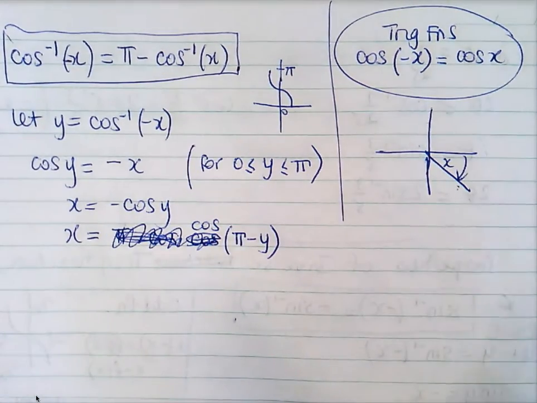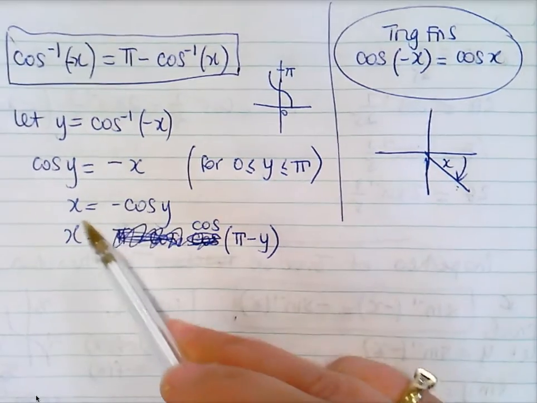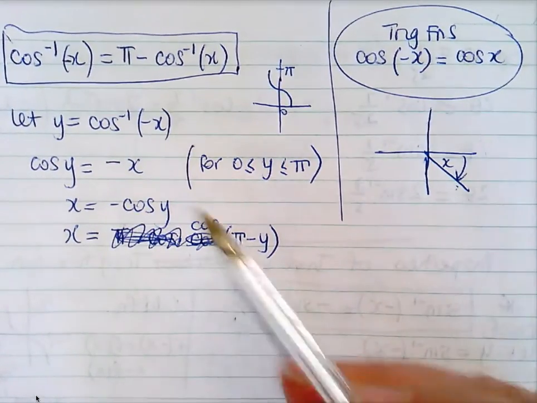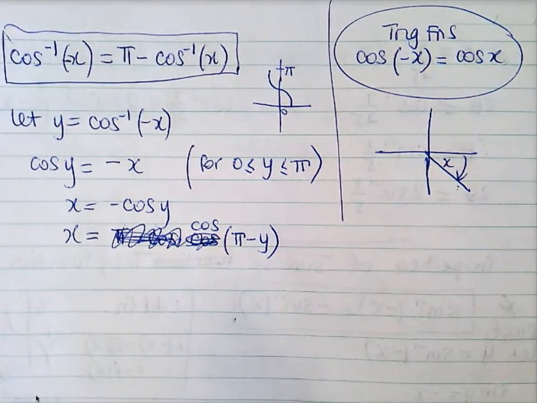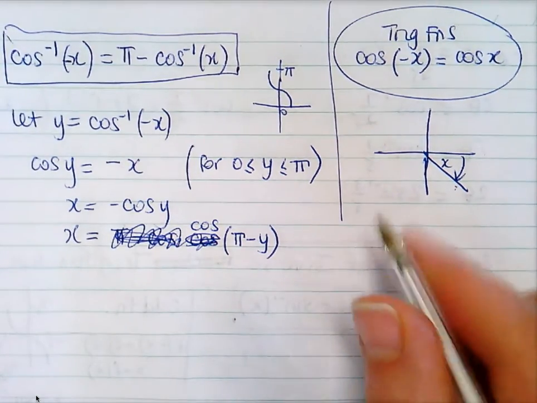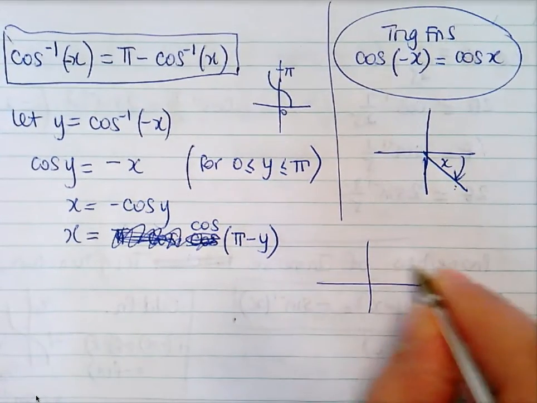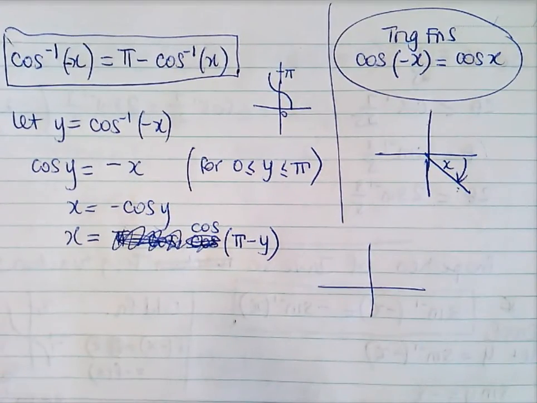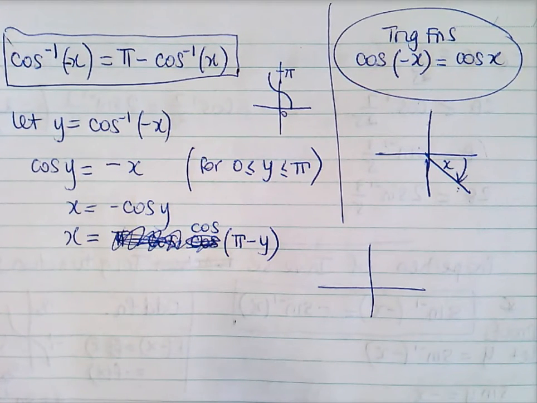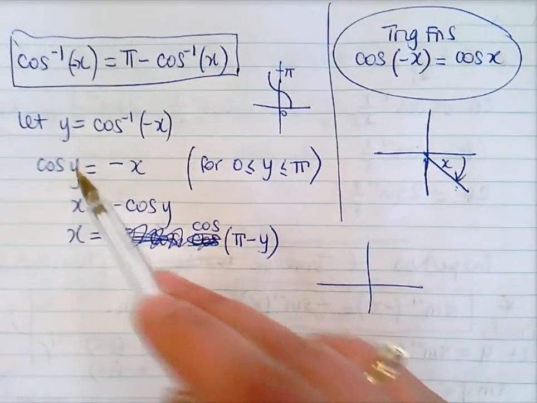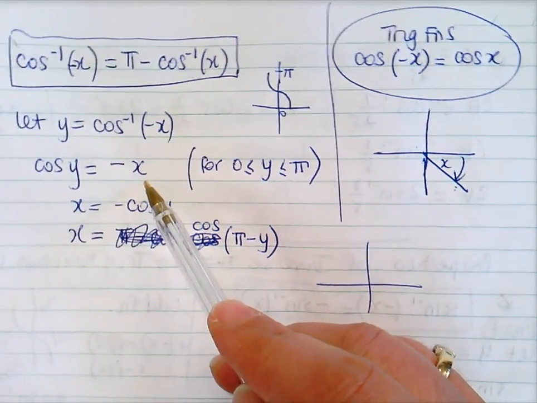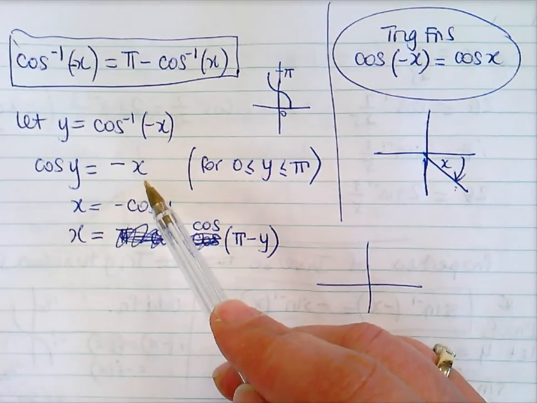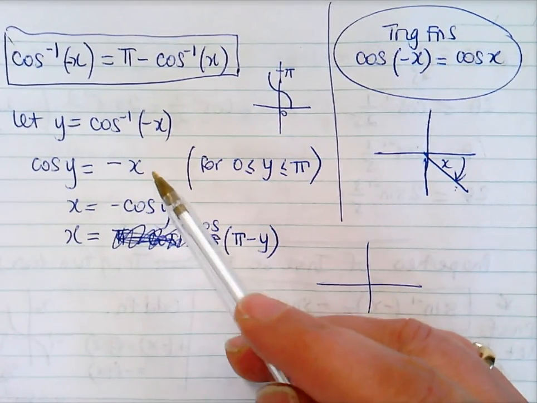If cos of something is negative, we're talking quadrants 2 and 3.